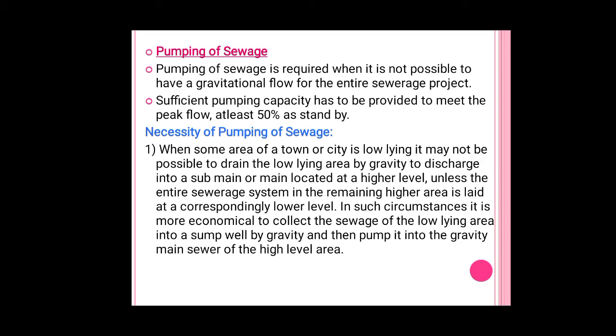In such circumstances, it is more economical to collect the sewage of the low lying area into the sump well by gravity and then pump it into the gravity main sewer of the high level area. So this is the first necessity of pumping sewage.